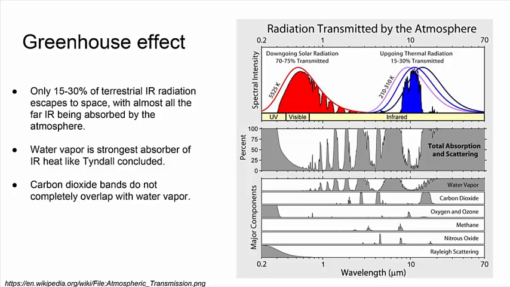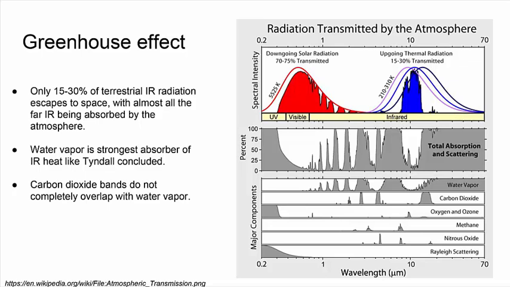Like I said, water vapor is the strongest absorber, and this is the same that John Tyndall concluded. Another important feature is that the carbon dioxide and the water vapor bands don't completely overlap. So any increase in carbon dioxide will absorb much more of this outgoing infrared radiation.